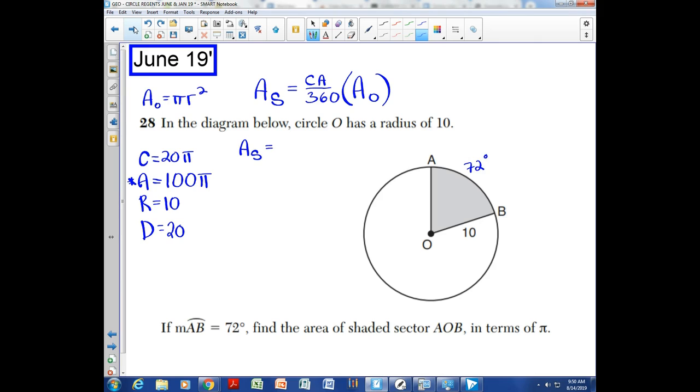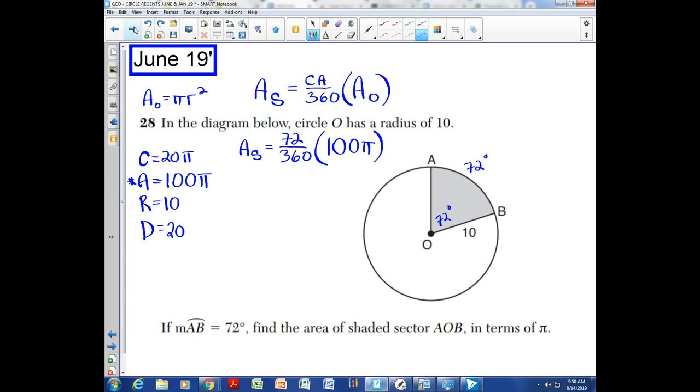And if you remember the central angle theorem, central angles are always equal to the intercepted arc, which means we also have a central angle of 72 degrees. So I'm going to put 72 over 360, and in parentheses the area of the whole circle, which is 100 pi.